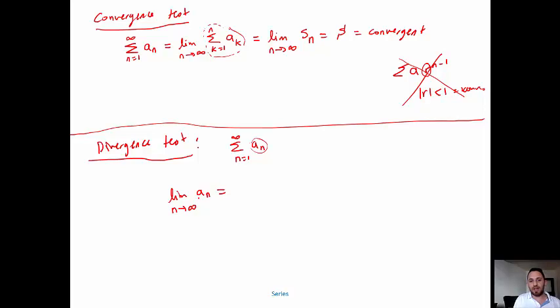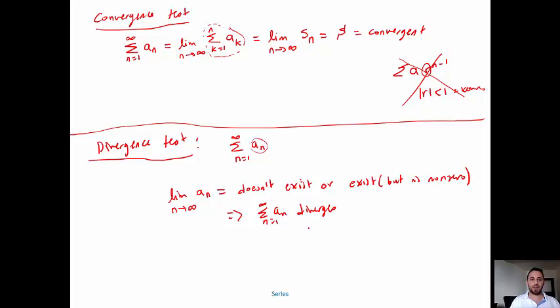If the limit of a of n as n goes to infinity doesn't exist, or exists but the value is non-zero, then definitely the series diverges.